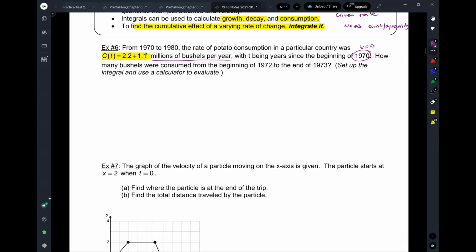How many bushels were consumed from the beginning of 1972 to the end of 1973? That's a total of 2 years. If T is 0 at 1970, at the beginning of 1972, T is equal to 2, and at the end of 1973, T is equal to 4. That's like December 31st, 11:59 p.m., so it's the full 2 years.